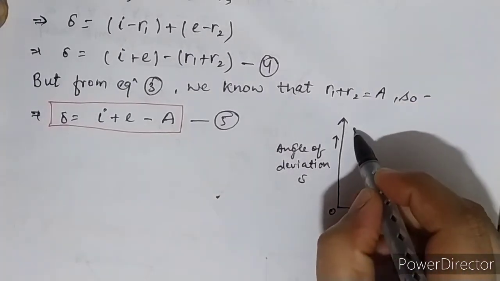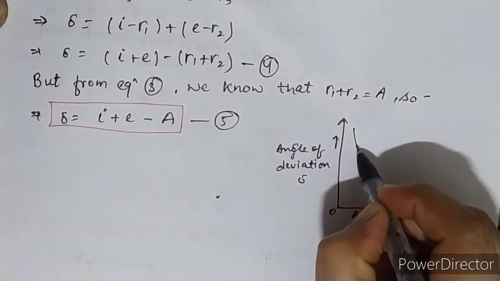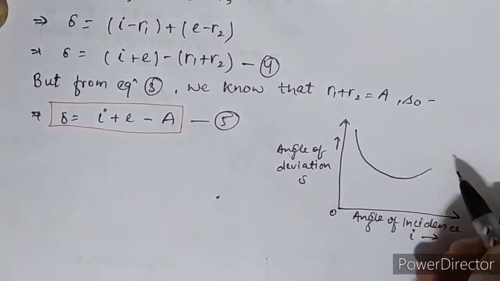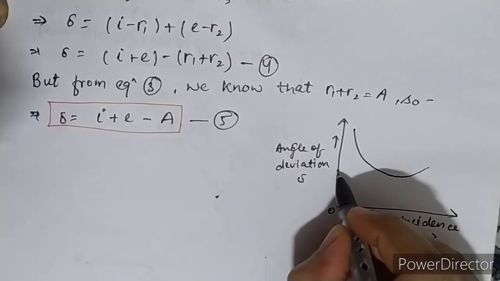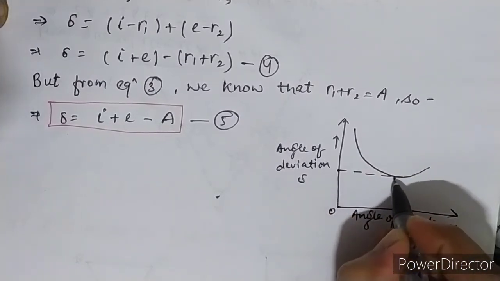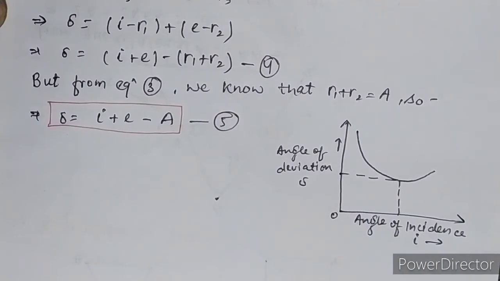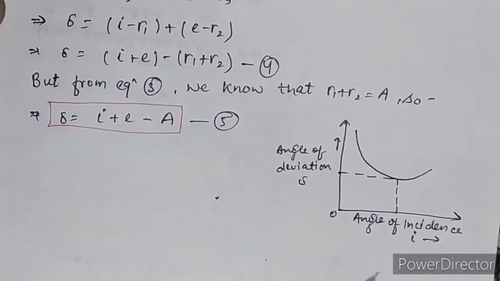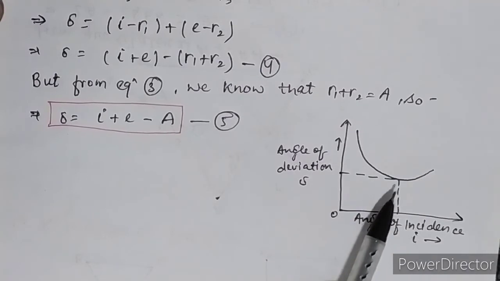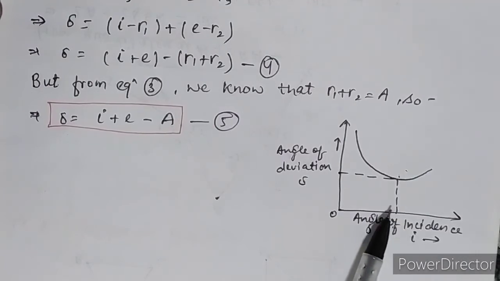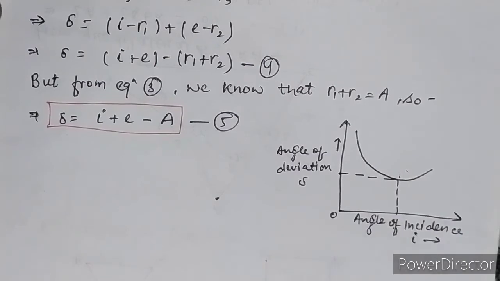First of all it decreases, and from a particular value it keeps increasing. There is one particular value from where it rises. Okay, so from this graph it is clear that the angle of deviation is minimum for a particular angle of incidence. In this condition, for the minimum deviation we take del is equal to del m.